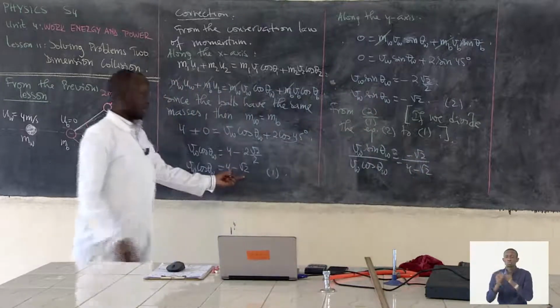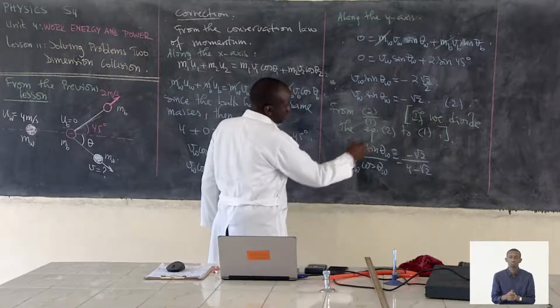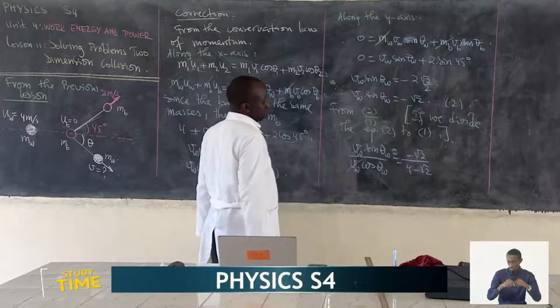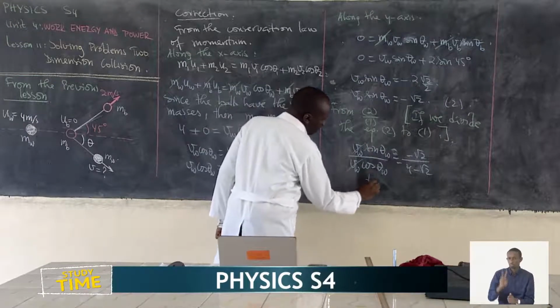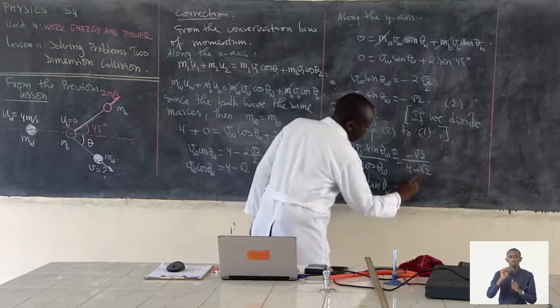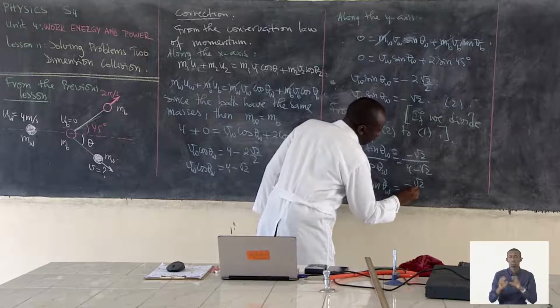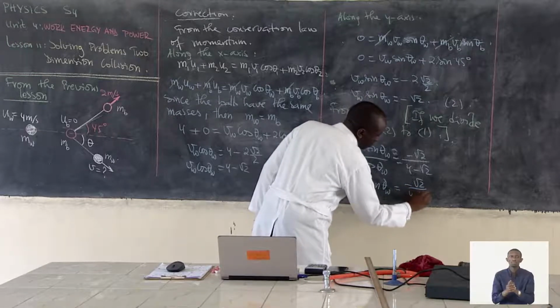According to what you see, we close out this V, and we remain with tan theta of the white equals minus square root 2 over 4 minus square root 2.